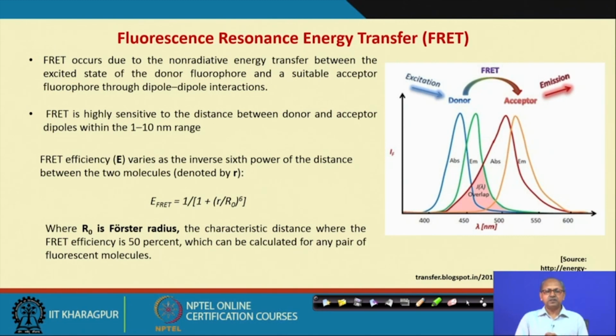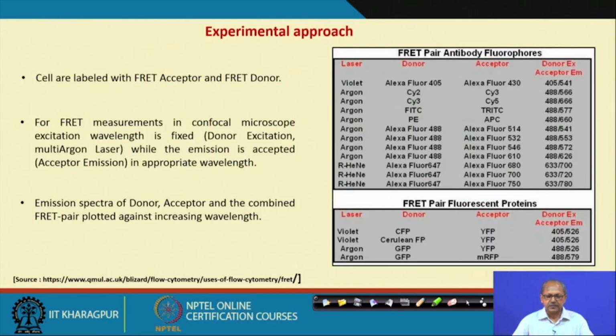FRET we generally use for the interaction of molecules or molecular assembly and disassembly. Here we are studying the lipid raft, a molecular assembly present in the membrane, and how lipid raft assembly and disassembly is affected by fluid shear. These are varieties of acceptor and donor. You can pick any one of the donor and acceptor for the experiment.